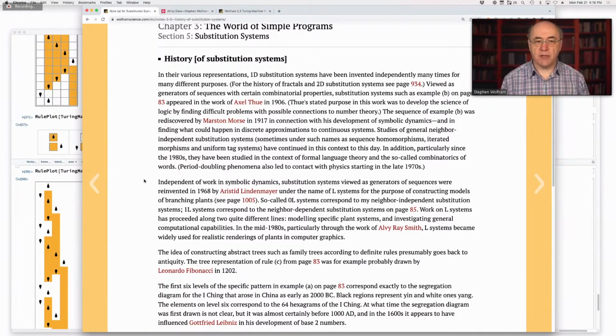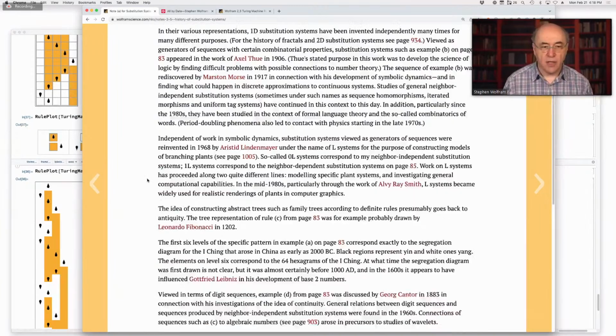Subsequently, Alvy Ray Smith, another person I've known for many years, took that idea of L systems and started actually using them to make artificial plants. He was a founder of Pixar, and there were many artificial plants produced using L systems. The kind of thing that I've talked about, these neighbor-independent systems, are so-called 0L systems. The zero means that there's no dependence on any neighbors.